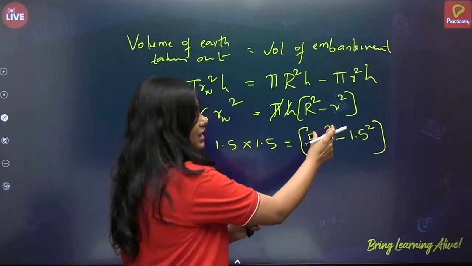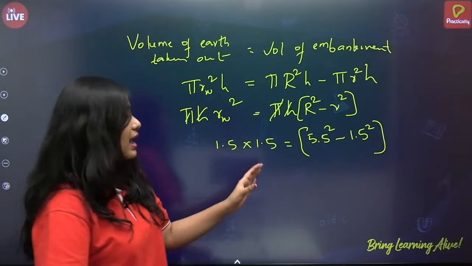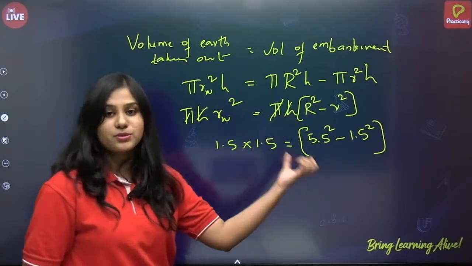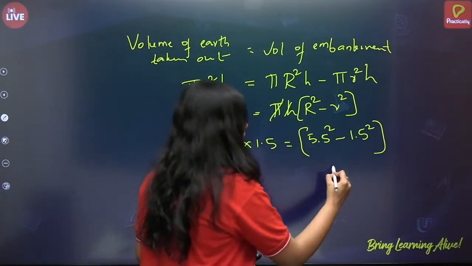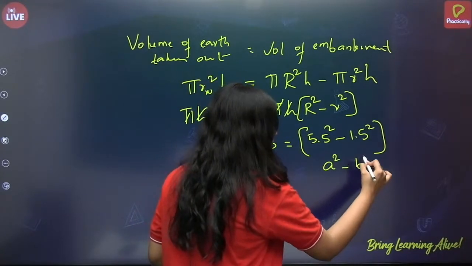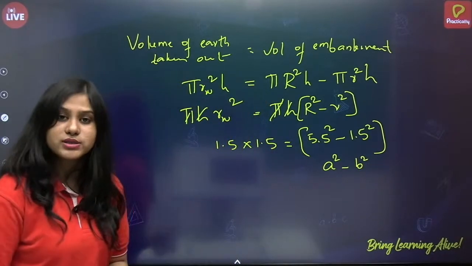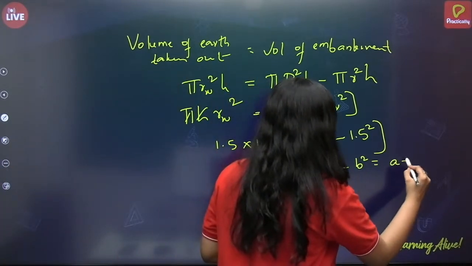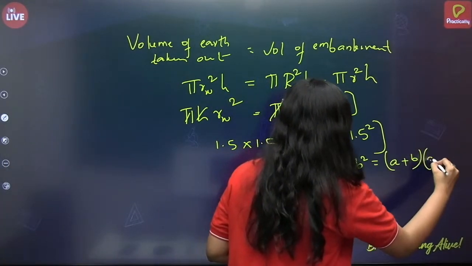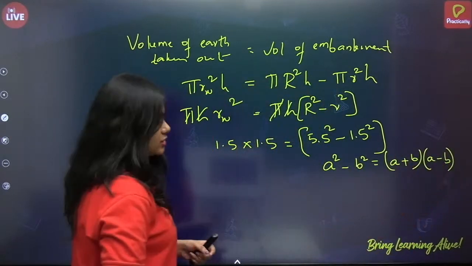Please do not calculate 5.5 whole square and 1.5 whole square and subtract. You can use an algebraic identity for this, correct? Why? It is in the form of a square minus b square. And what do we know about this identity? A square minus b square is equal to (a plus b) into (a minus b), right? So let us use this now, okay?